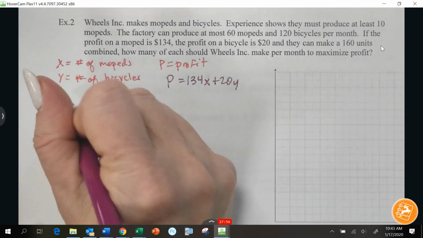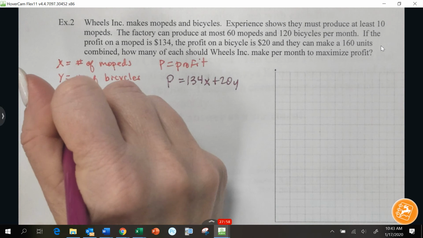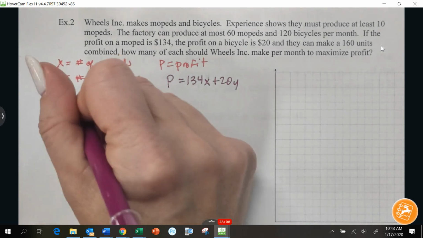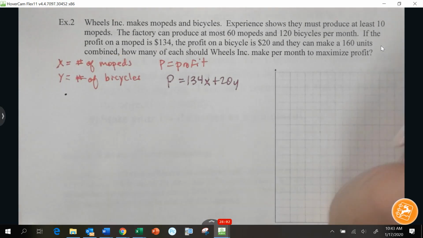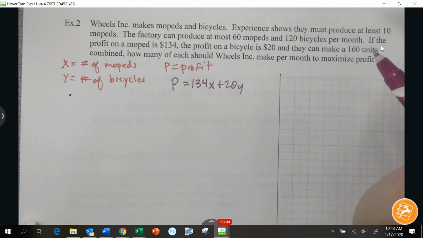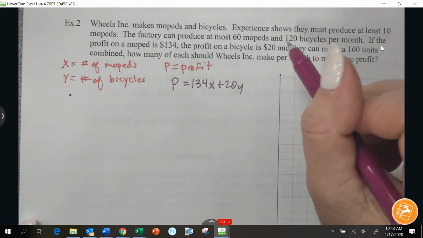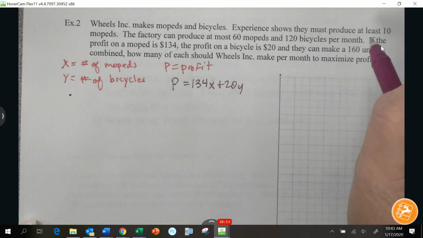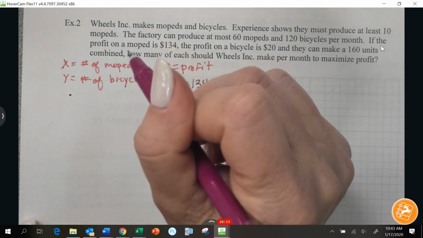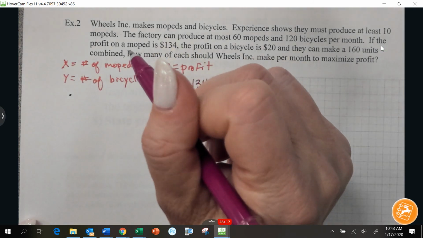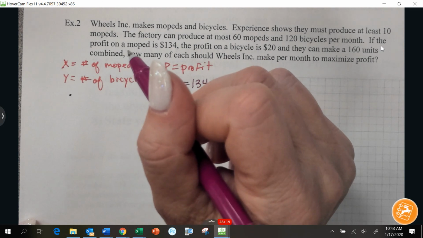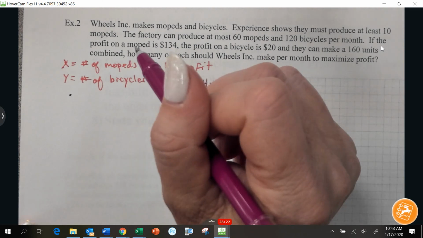Constraints. We've got, can we have negatives? Okay. So I know that x has to be greater than 0. But there's another constraint up here about x besides greater than 0. Experience shows that they must produce at least 10 mopeds. So I can't produce one moped. It's not worth it for them to have all that equipment and just produce one moped.